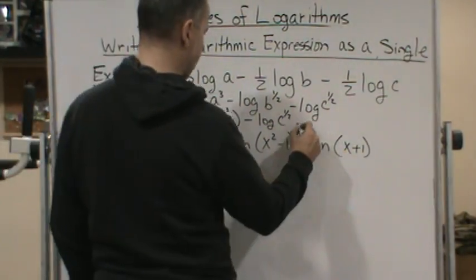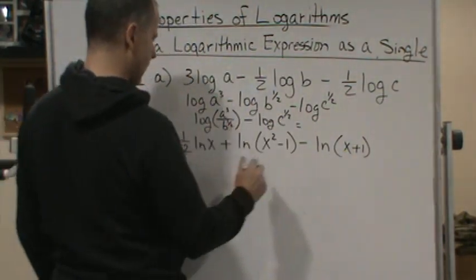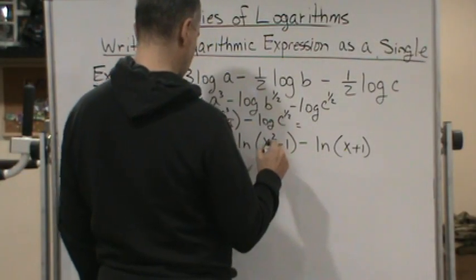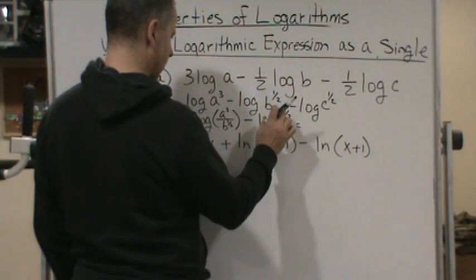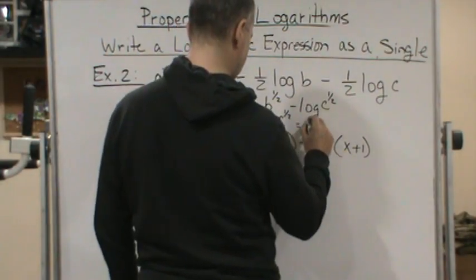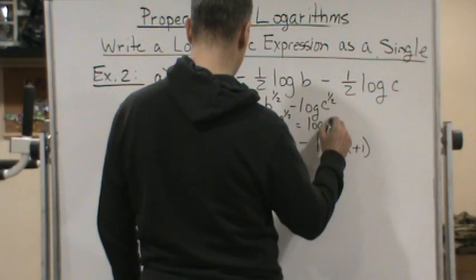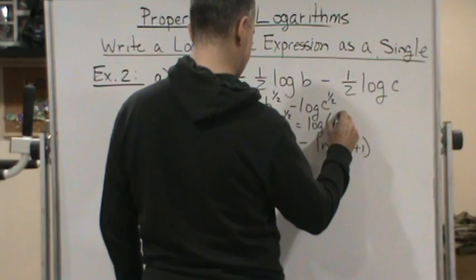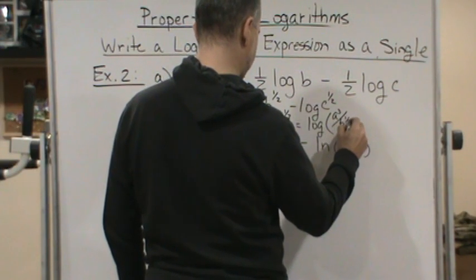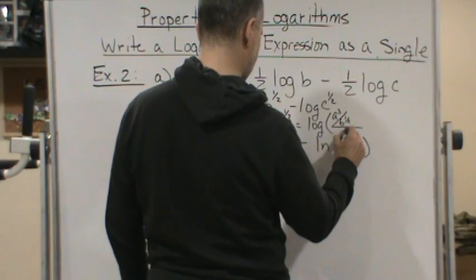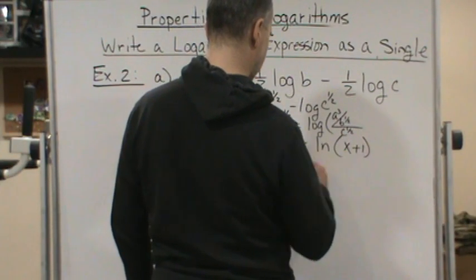And now I'm going to take this minus this, so it'll be this divided by this, which gives me log of a cubed divided by b to the 1/2 power all over c to the 1/2 power.